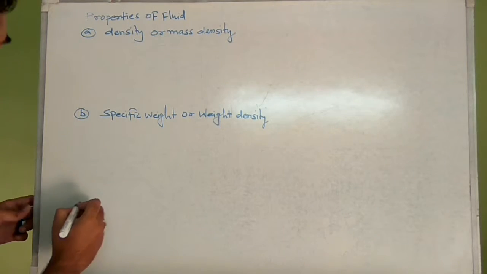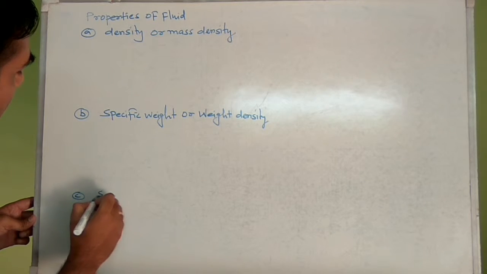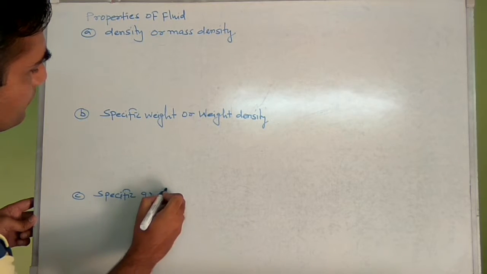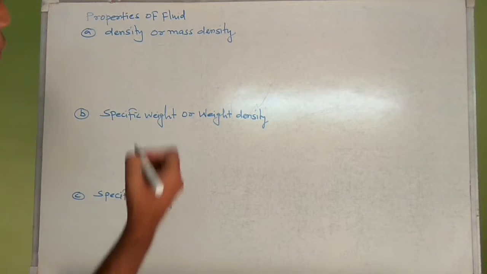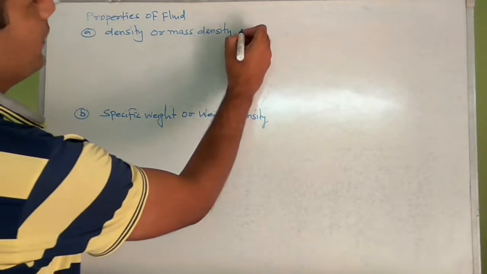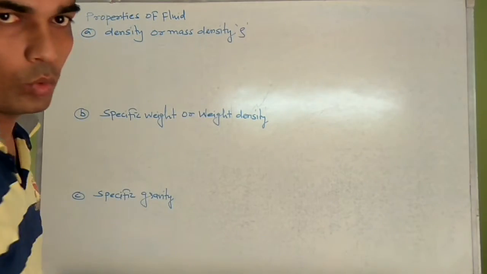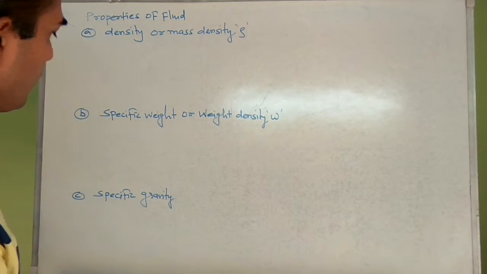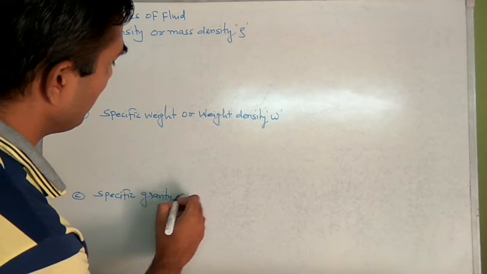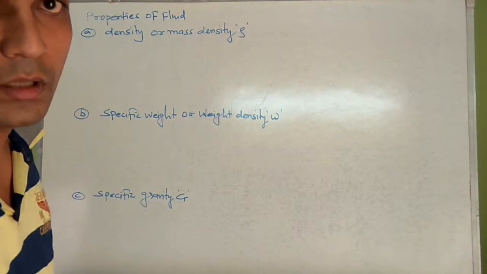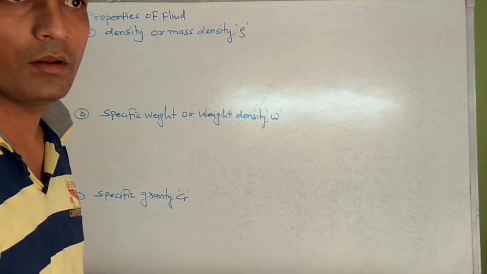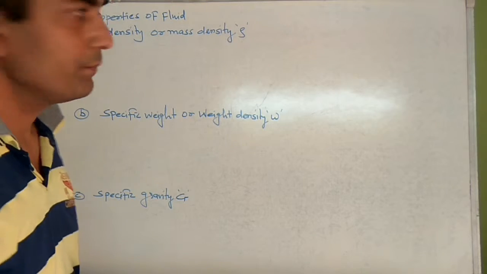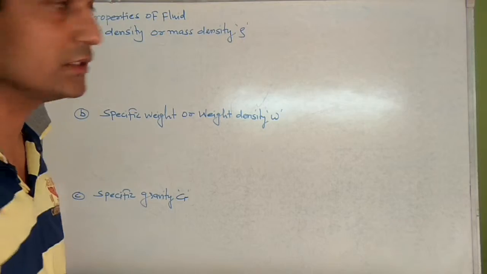And the third one, that is specific gravity. So, we'll see the density that is denoted by rho. Weight density is denoted by small w, and specific gravity is denoted by g. Now notations may change from book to book.